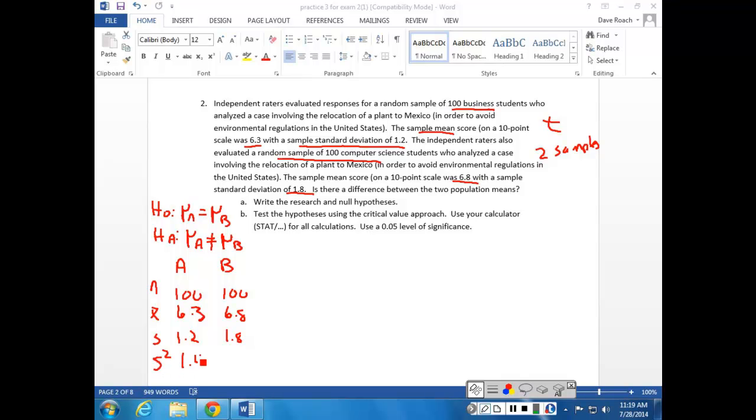That's 1.44 and 3.24, and 3.24 is more than 2 times as great as 1.44. Therefore, they're not close enough, and so we'll use the unpooled test.